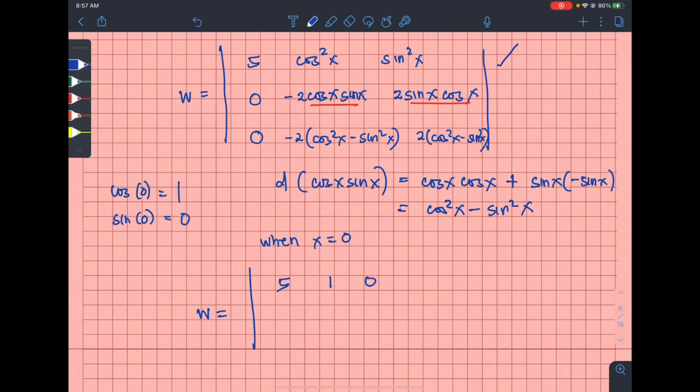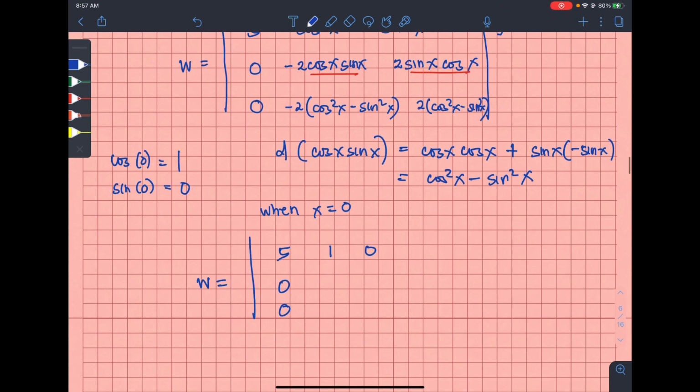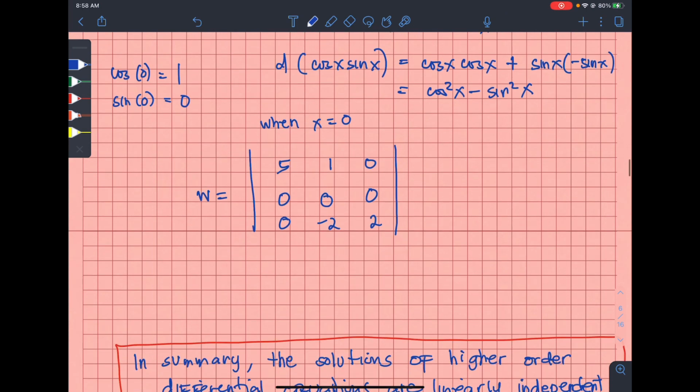Anything with sine is already 0. And this is 1, this is 0, so that would be negative 2. This one is 1, this is 0, so that would be positive 2. And I have 5, 0, 0, 1, 0, negative 2.